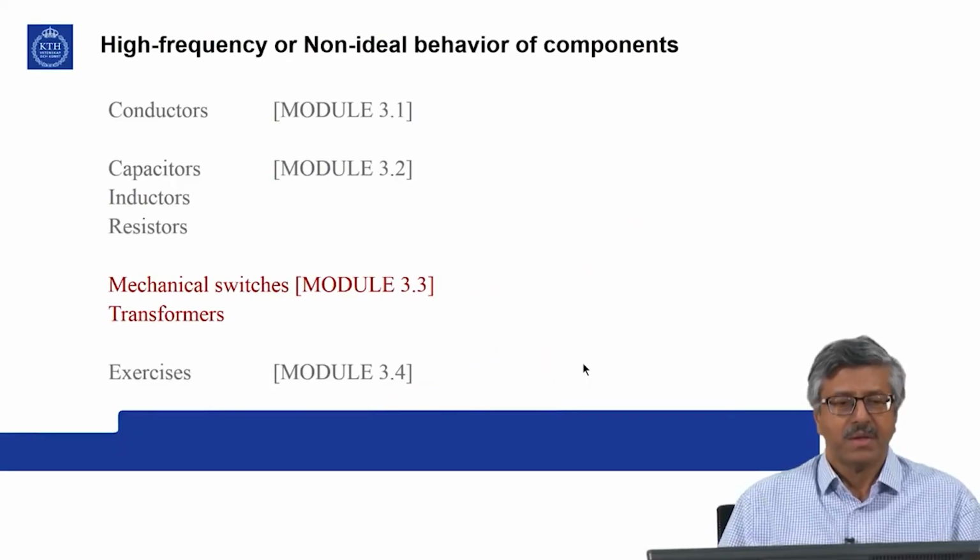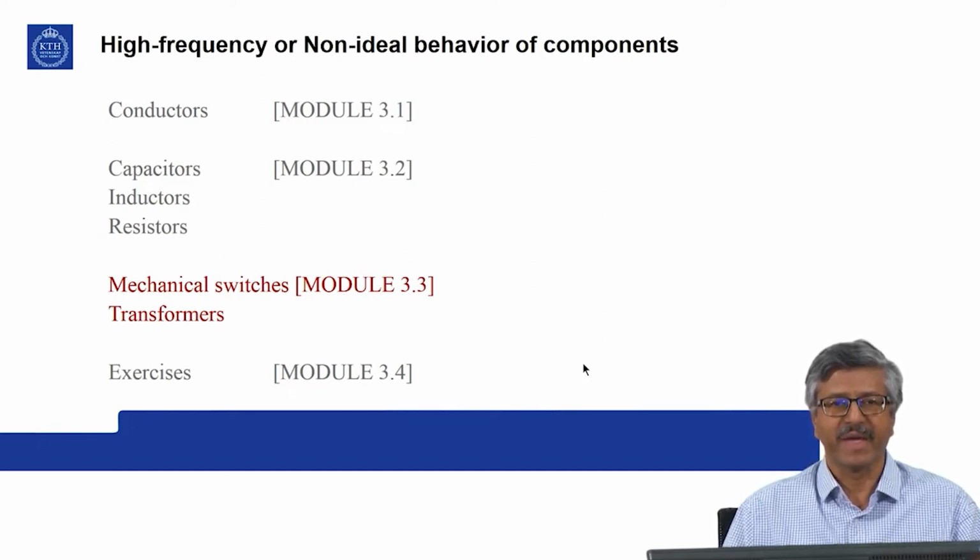Welcome to module 3 of chapter 3 on high frequency behavior of electrical components. Now, in this module we will look into the behavior of real mechanical switches, how they produce noise, what are the noise suppression techniques, and about the transformers, real transformers.